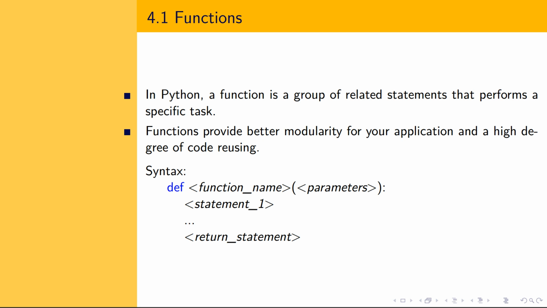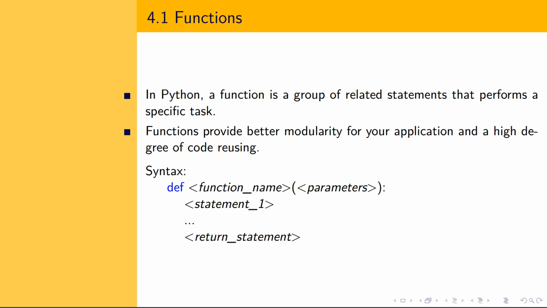The return statement exits a function, optionally passing back an expression to where you call the function. The return statement is optional. That means your functions may return something or may not return anything.